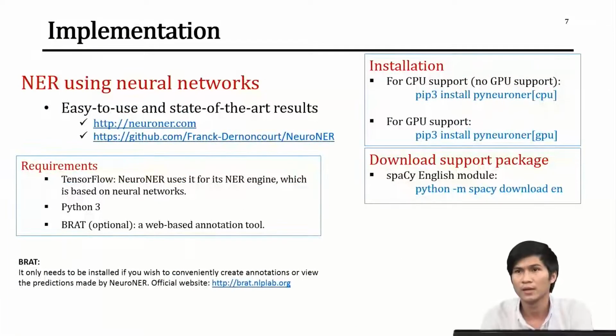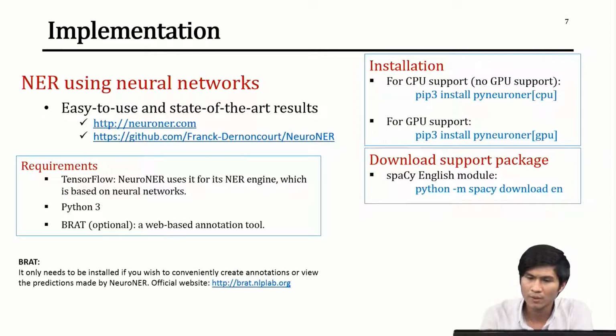And next, we see how we can implement NER using neural networks on top of Neural NER. So here, we need to install some related libraries. It also depends on the type of our machine, whether we have GPU support or we run only on CPU. As we know, if we have a GPU, it can help us run with much faster performance.